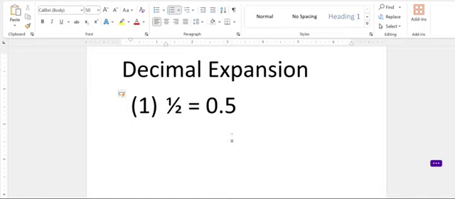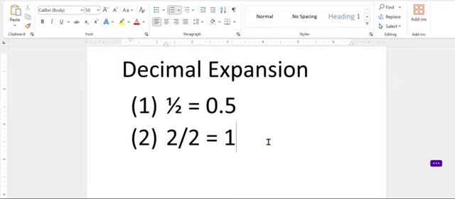So if 1/2 is 0.5, what will be 2/2? That's another decimal expansion. So what will be 2/2? In decimal, 2/2 is not even a decimal, it will give you a whole number. 2/2 is 1, because it's like you're saying half times 2.